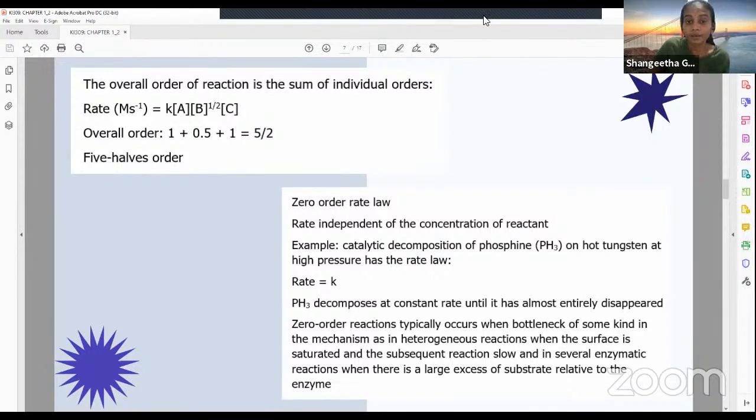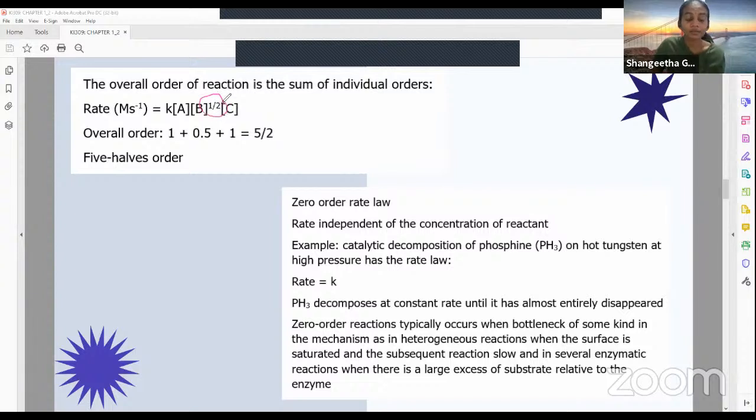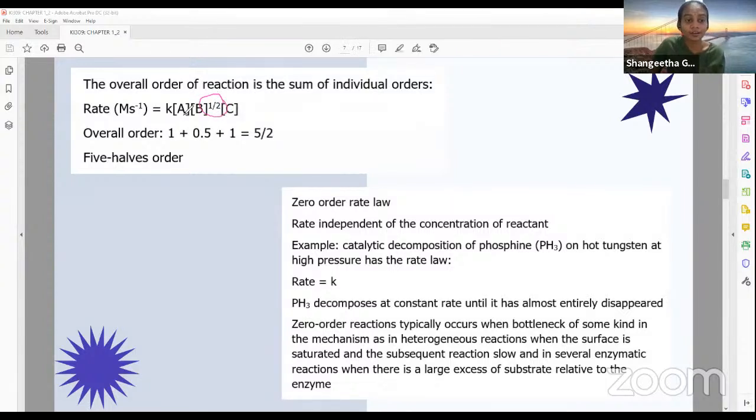When it is first order with relation to A, half order with relation to B, and first order with relation to C, the overall order will be 1 plus 0.5 plus 1, which is 5/2. So the overall order of the reaction is 2.5. That's what you need to understand.